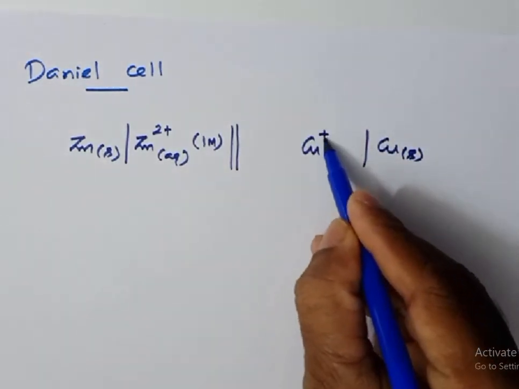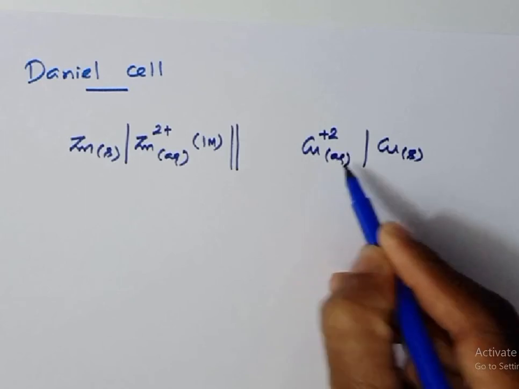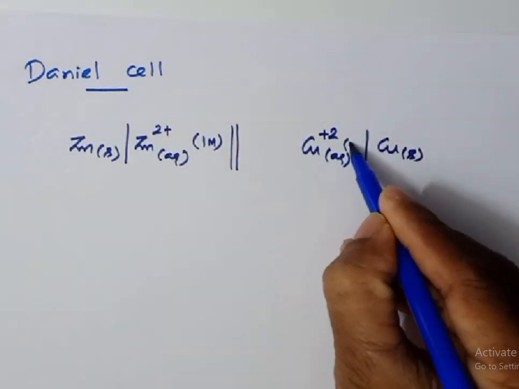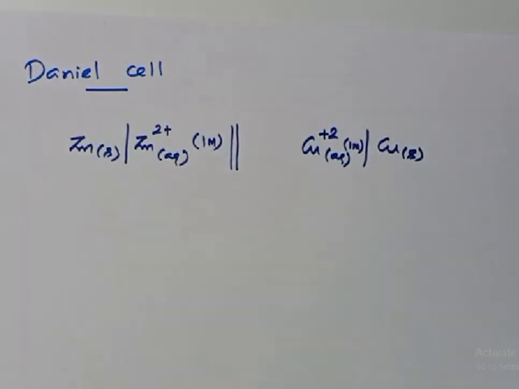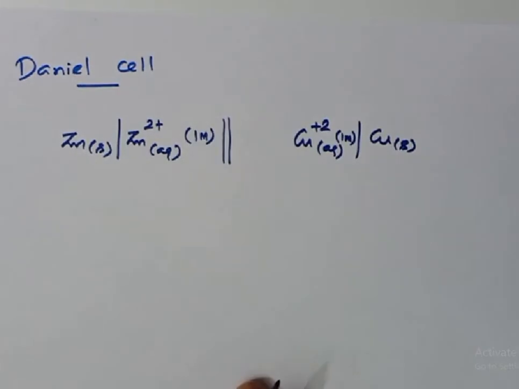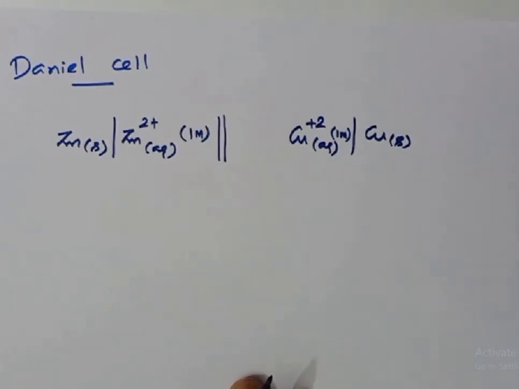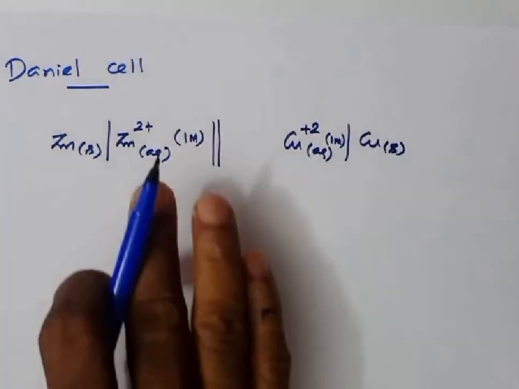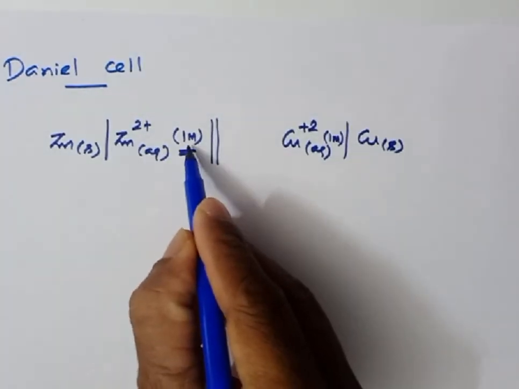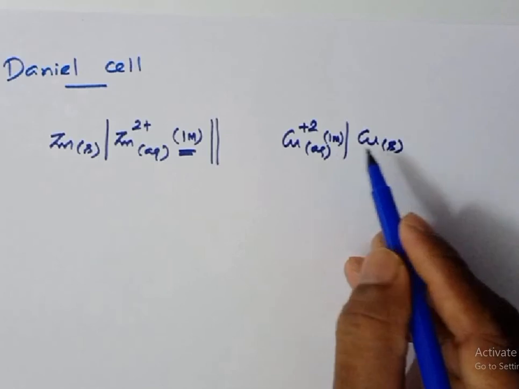Actually the cupric ion is taking part in the reaction, so I'll put cupric ion here, and this is also 1 molar solution. This is how we should represent the cell. And whatever potential is produced, since we have taken 1 molar and 1 molar, therefore this is a standard cell.